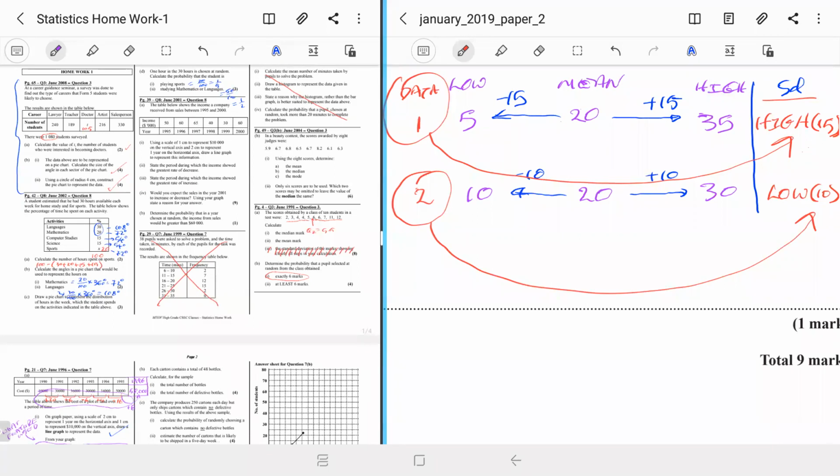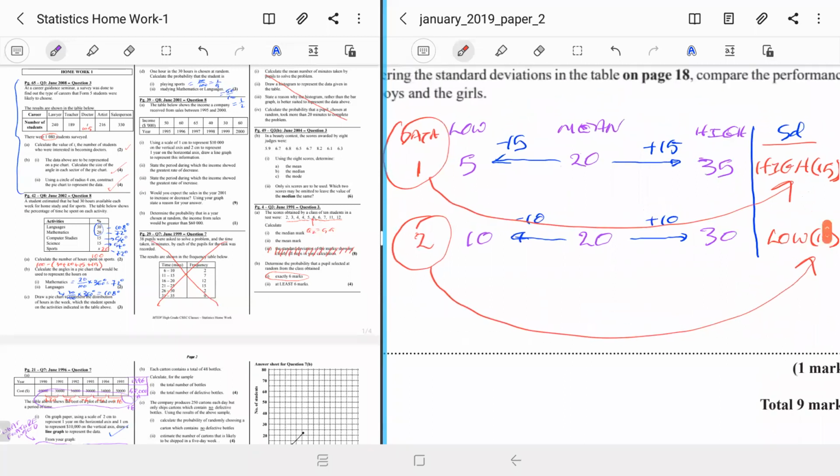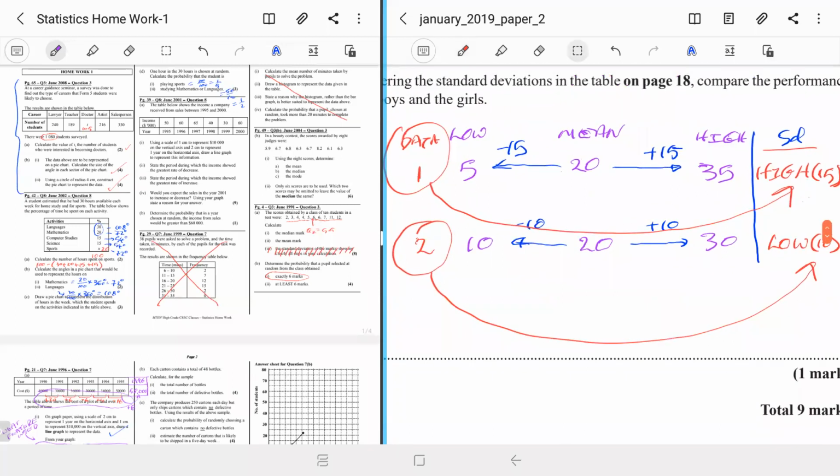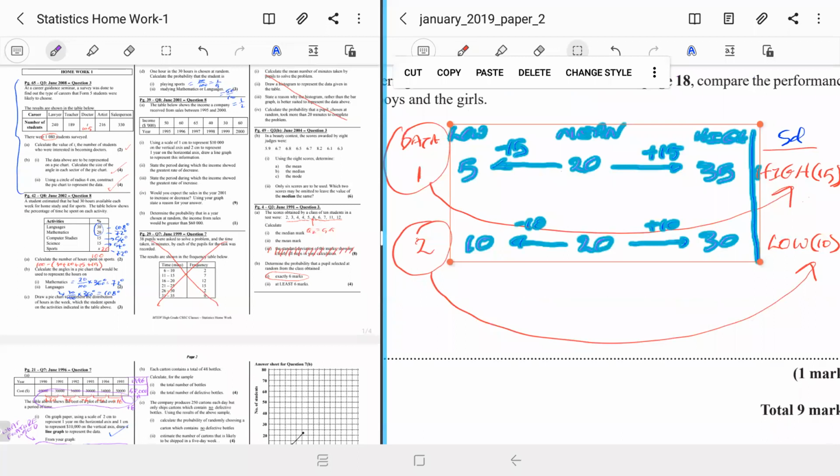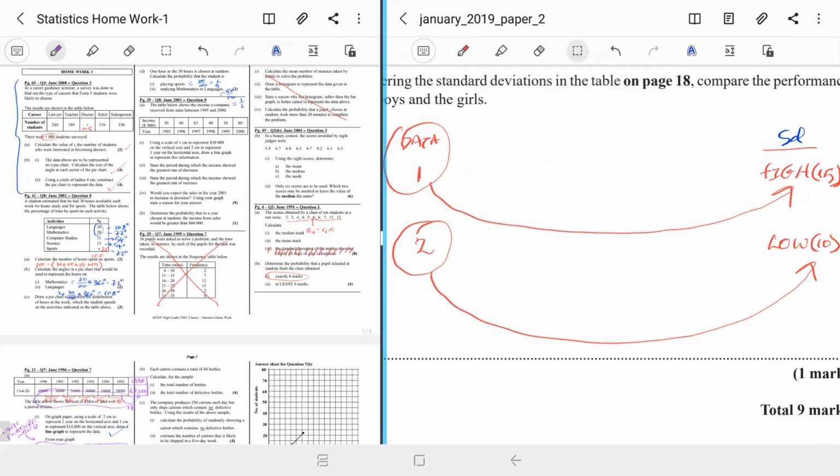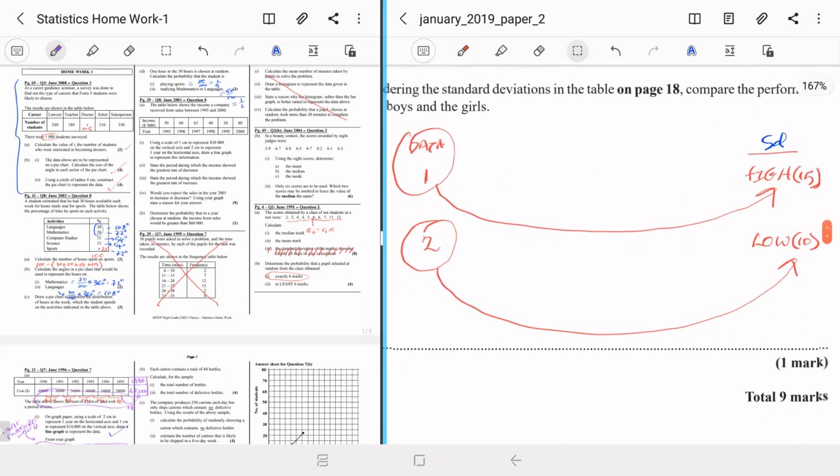If I erase everything inside here, so I don't show you any of those figures, all I give is that, data 1, standard deviation is 15, data 2, standard deviation is 10. And it's two similar kinds of data.